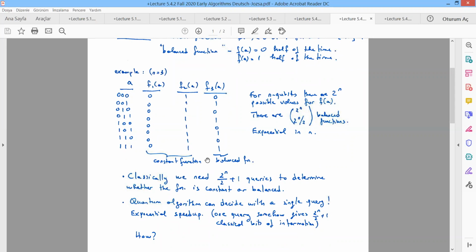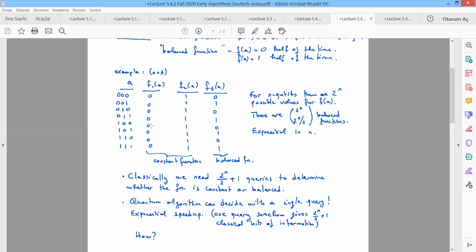2 to the n over 2, remember, is half of the possibilities. There are 2 to the n possibilities in the output, but 2 to the n over 2 is the half. So just to make sure, we need an additional query or a measurement, to make sure that we have a constant function or a balanced function. For instance, one could have 0, 0, 0, 0 up to the half of the values, but we don't necessarily know what the next one will be.